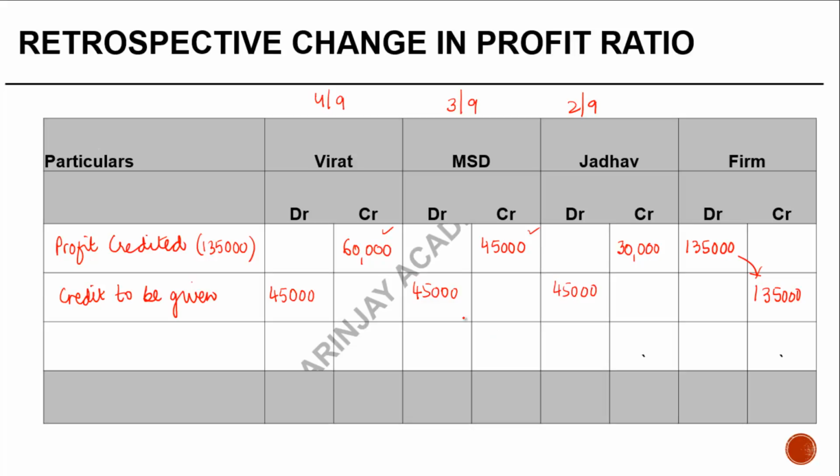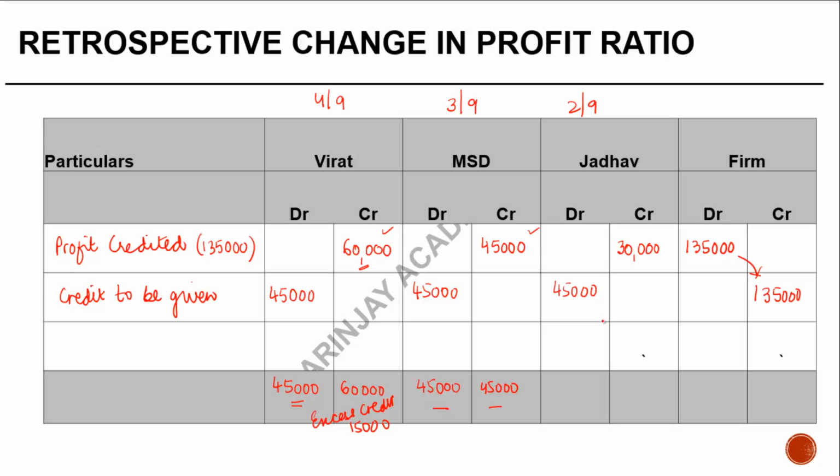So in MSD's case, if you just do the tie-up, it comes to 45,000, 45,000, which means he has got what he was supposed to get. But in Virat's case, he was credited with 60,000, but he should have actually been credited by 45, which means he has got an excess credit of 15,000.